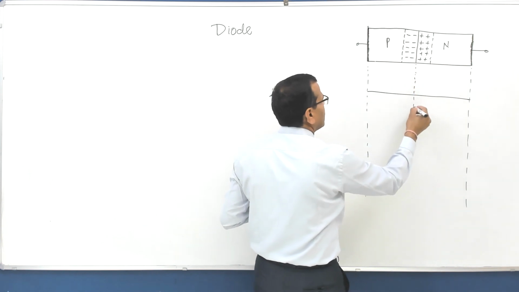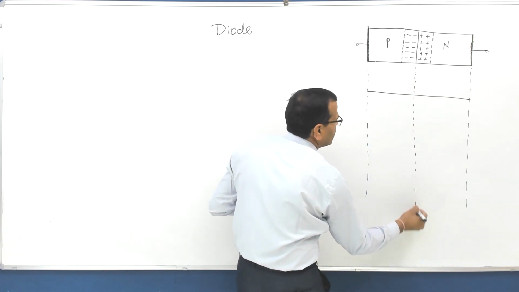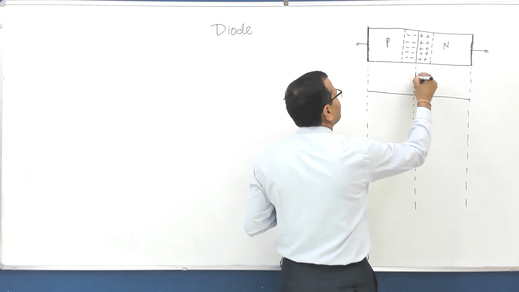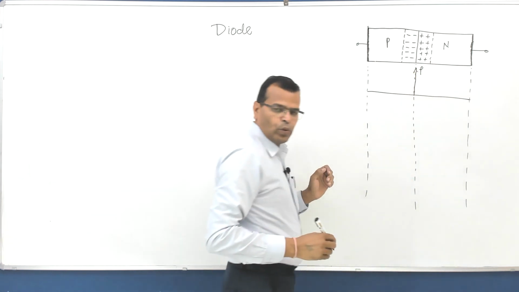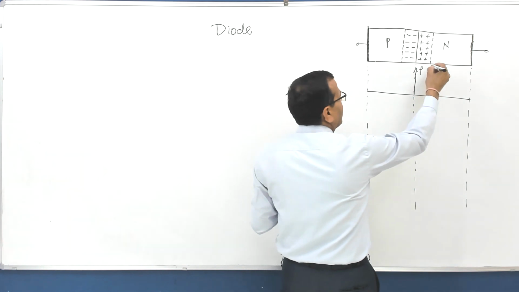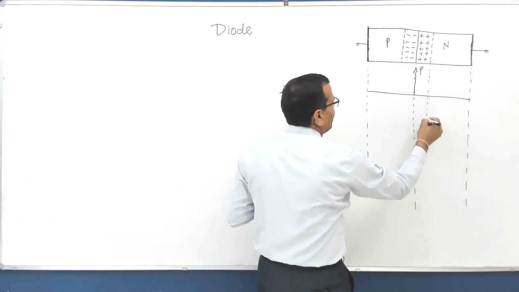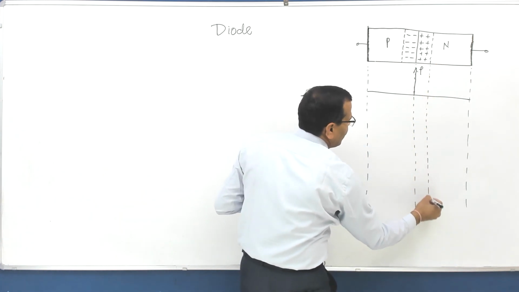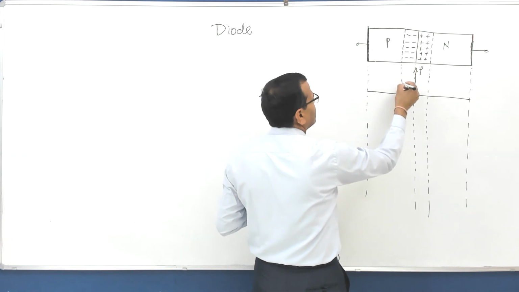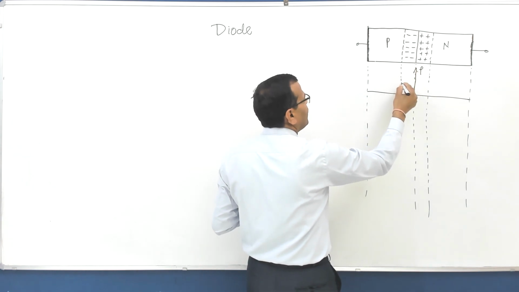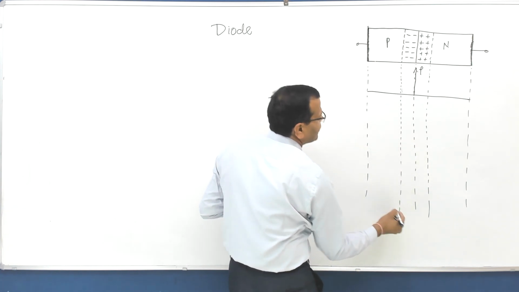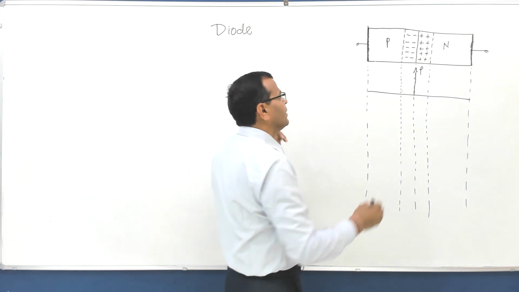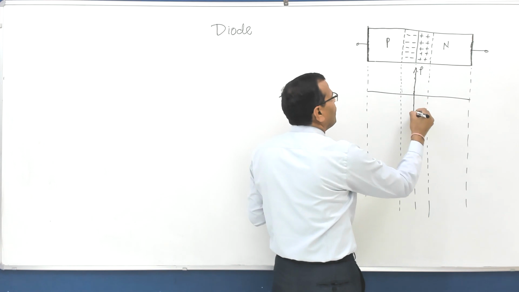You can draw the line showing the junction. So here this is the charge density rho. This is the junction, depletion layer on N side. This is the boundary of depletion layer on P side. So here you can draw the variation.